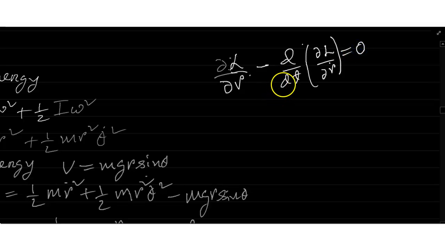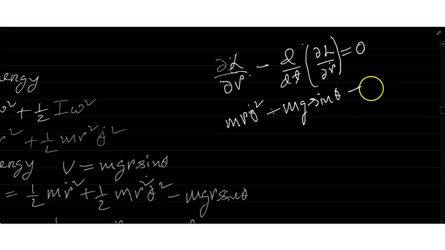So ∂L/∂r equals m r theta dot square minus m g sin theta, minus m r double dot equals 0.